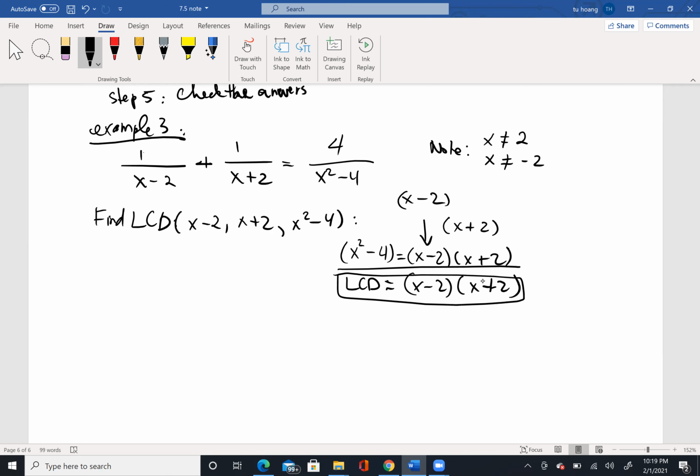Now move to step number 2, which is to multiply each side by the LCD, x minus 2 times x plus 2.